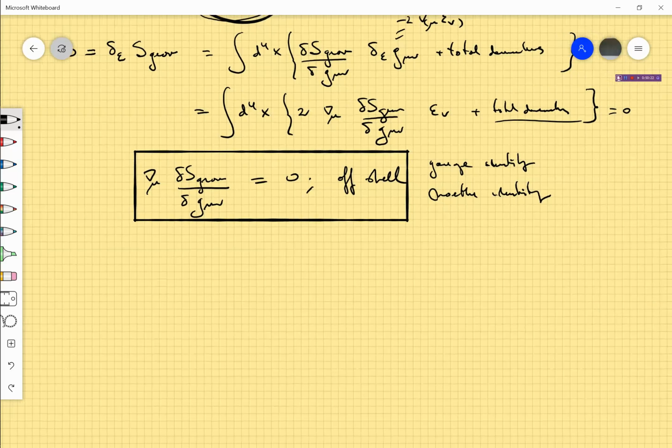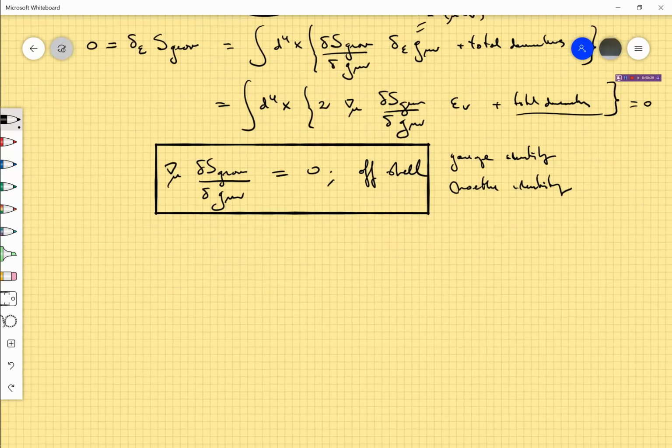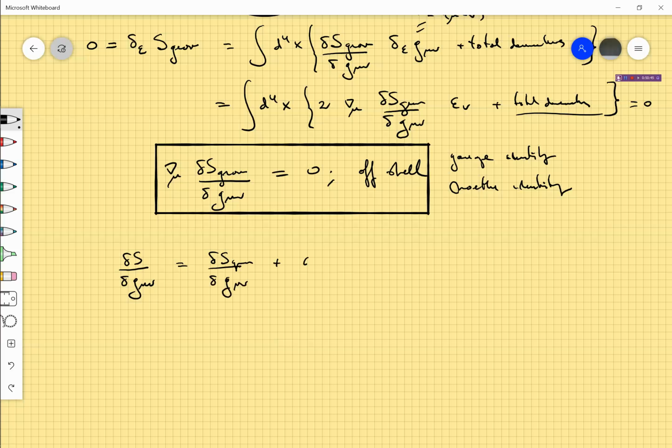But then if we go back to the general action, then okay, what happens now is that the complete equations of the gravitational field, including sources, including matter fields and so on, will be these equations plus the variation of the matter action with respect to g^{mu nu}, and this is, well, this part of the left hand side, if you want, of the equations of motion of the gravitational field, plus a half of the square root of g times the energy momentum tensor of the matter fields that you have.